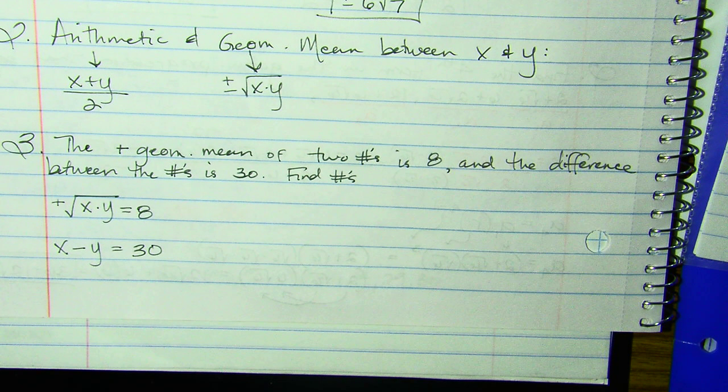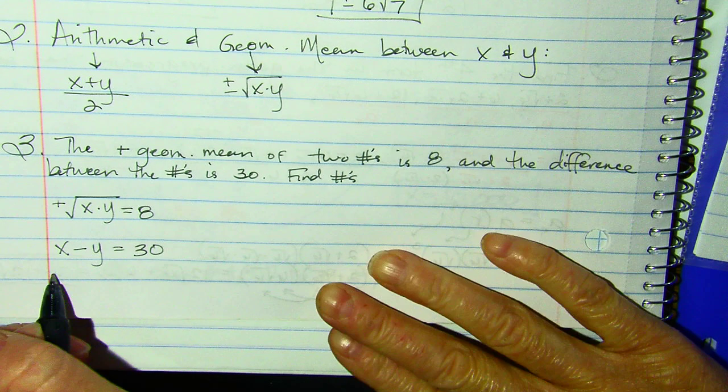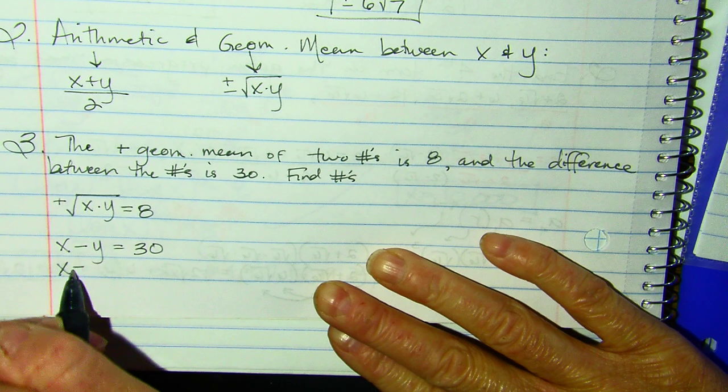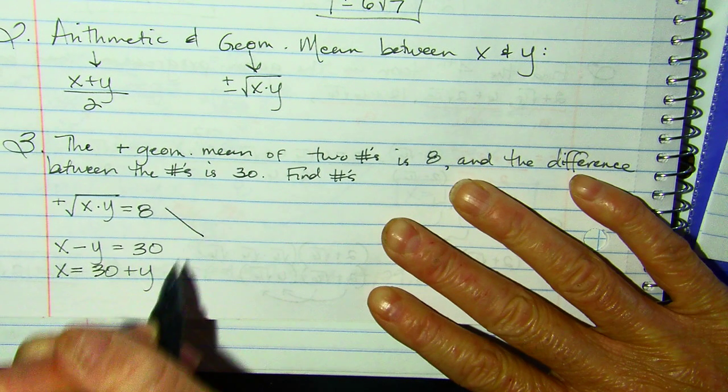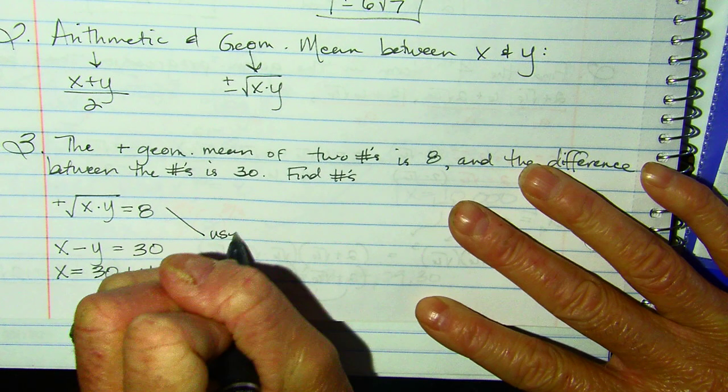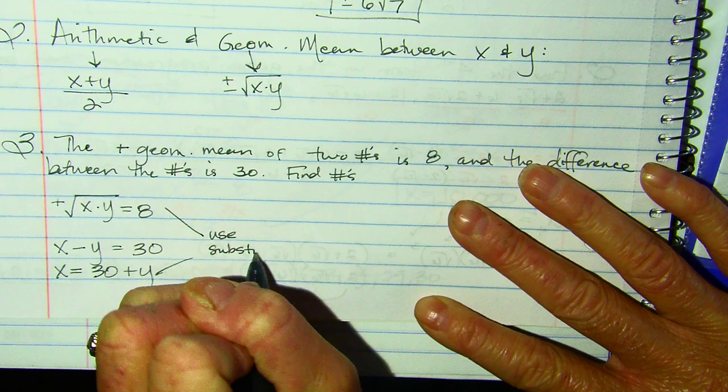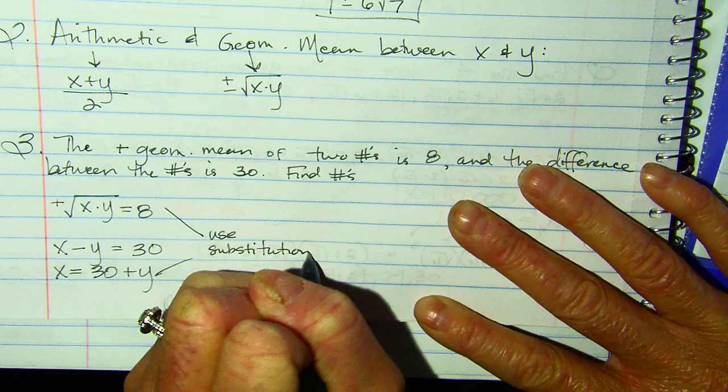Okay, so I'm going to create a method and use substitution. So I'm going to get this one by itself, x equals 30 plus y. So now between these, I'm going to use substitution.